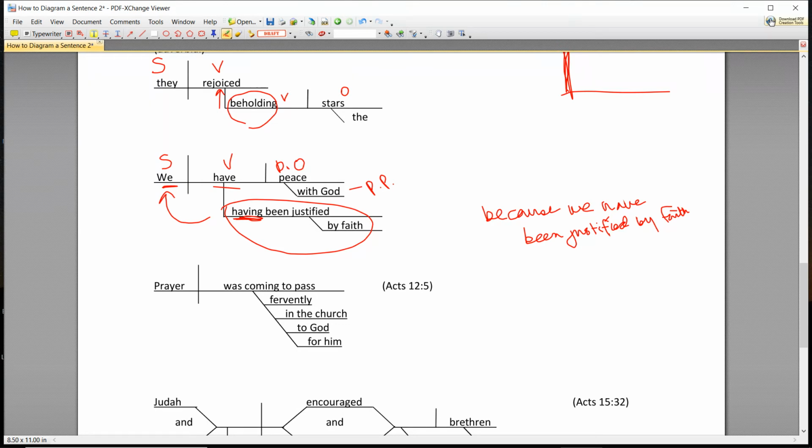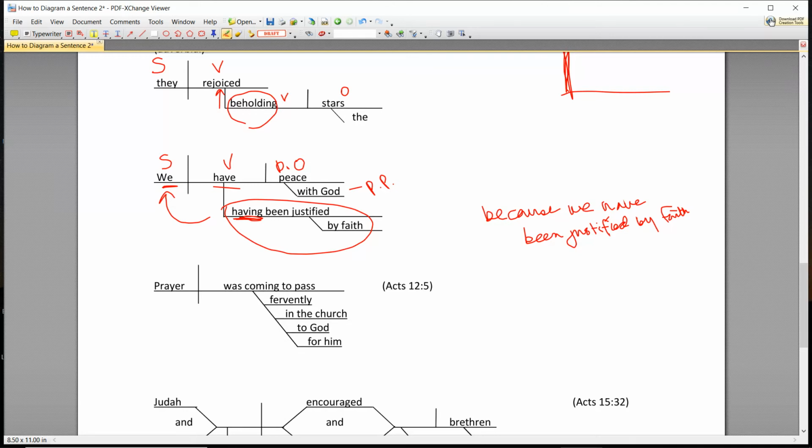have peace with God. So I think this kind of explains how it is possible to have peace with God. It's because we have been justified by faith. So it's kind of explaining the way in which we have peace with God.